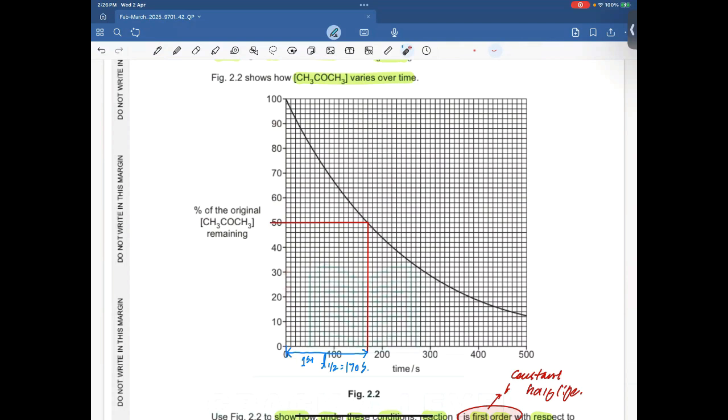So somewhere around here, 24, somewhere here. Exactly the center line, okay?